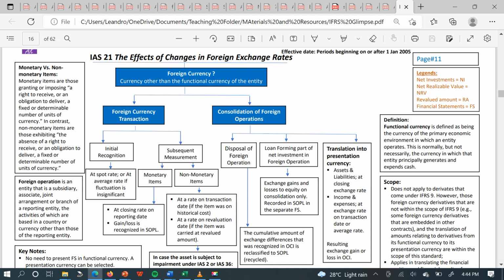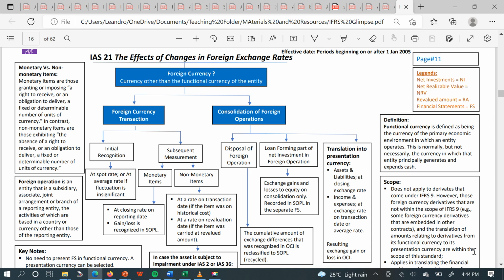You are talking financial statement translation. So the whole of IAS 21 is to give you the chance to translate foreign currency transaction and to translate foreign operations or foreign subsidiaries or foreign associates.